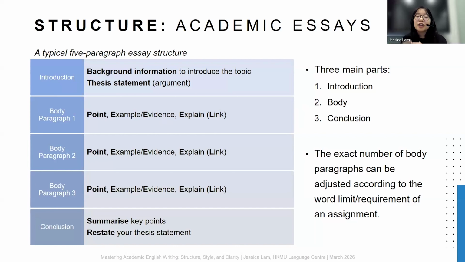For the link, you can try to either link your first main point to the next main point, and this could actually come at the end of the first body paragraph or at the beginning of the next body paragraph. Or the link could also connect back to the overall thesis statement. So you're showing how what I've just argued for this point supports my thesis in this way, right?